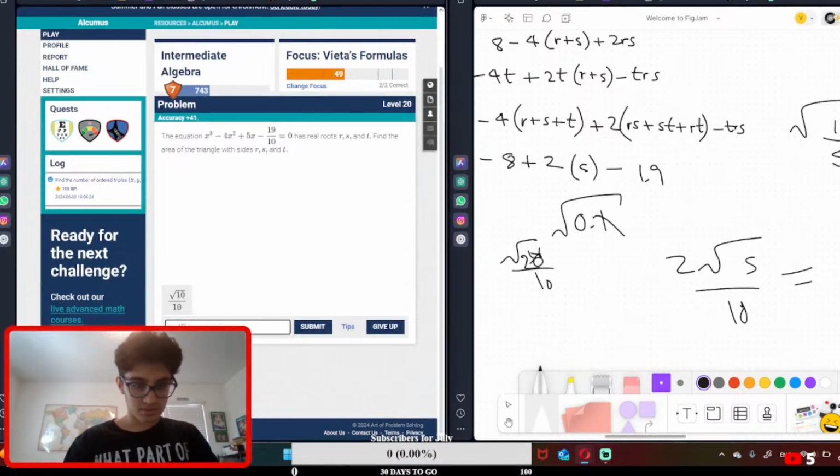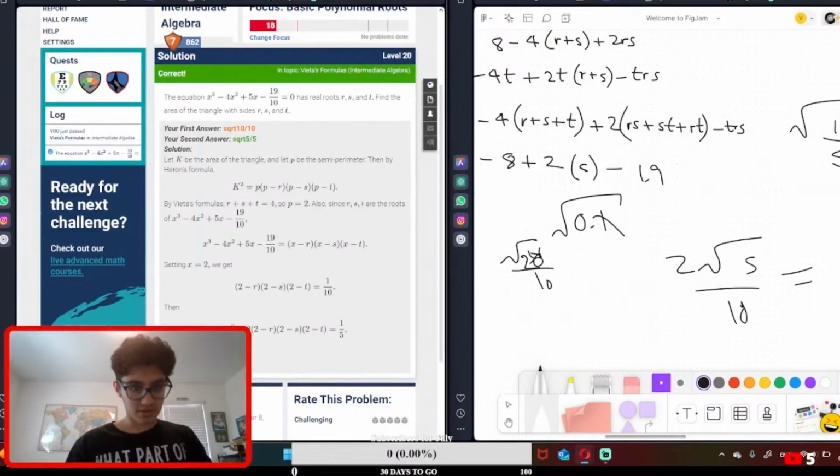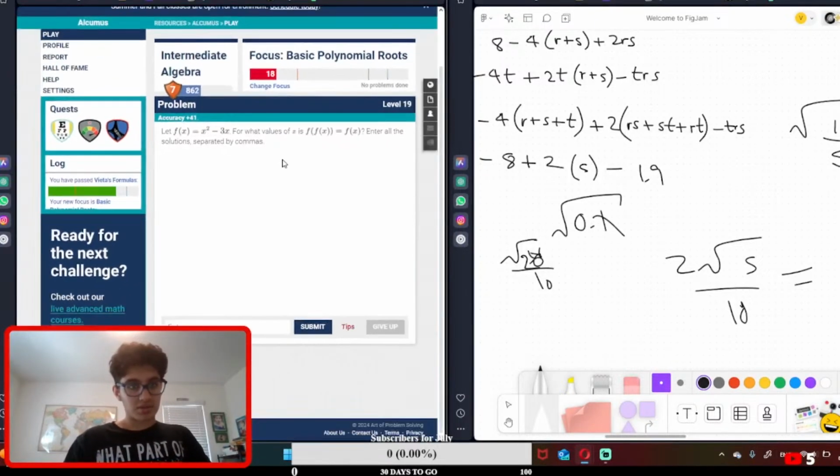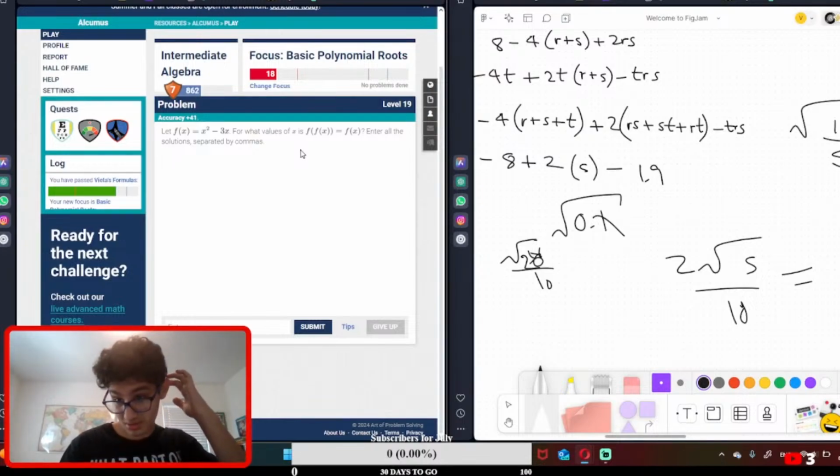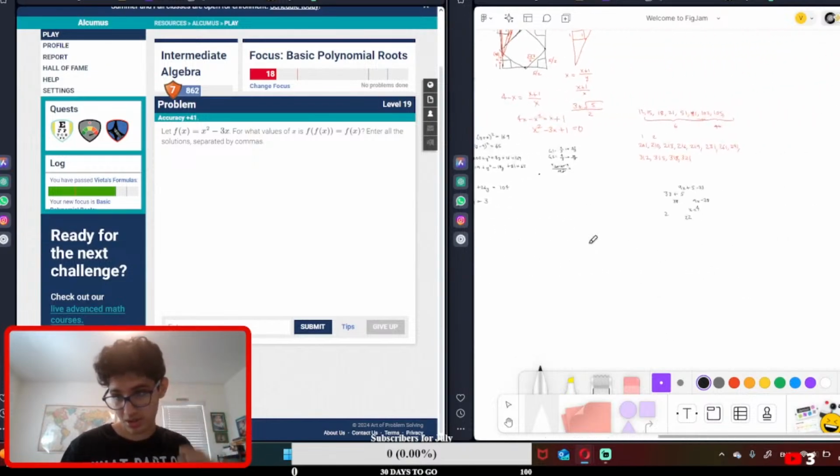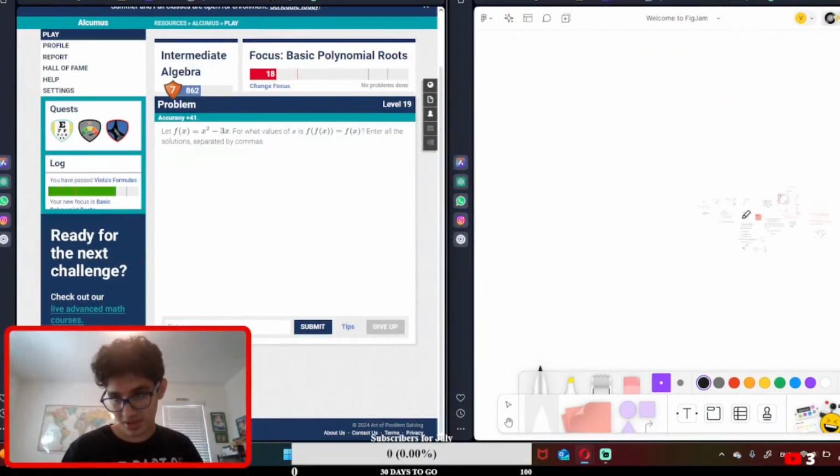Okay, yeah, fine, correct. Okay, we passed Vieta's formulas. That's good. What values of x is f of x equal to f of x? Okay. So basically, I didn't mark the last one, right? Let me mark that then.